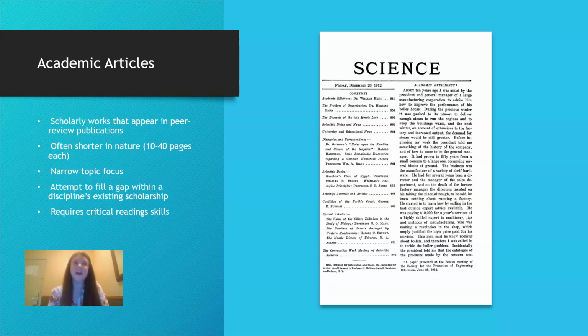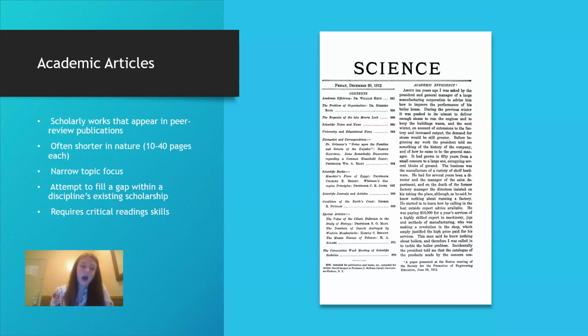Remember how we discussed, when differentiating between popular and scholarly sources, that the time it takes to publish scholarly works is very slow in comparison to other forms of popular media, such as a magazine or a trade journal or something along those lines.